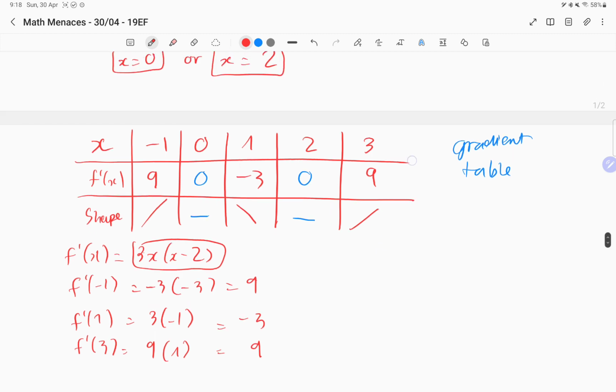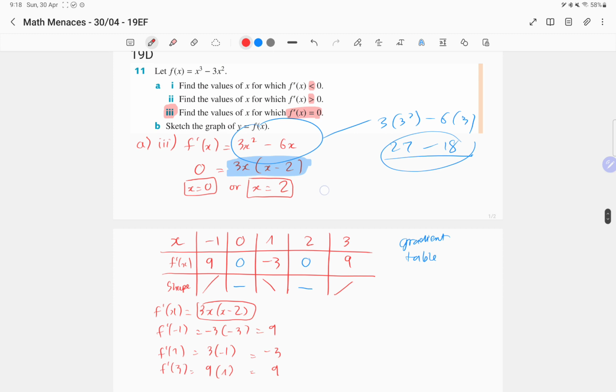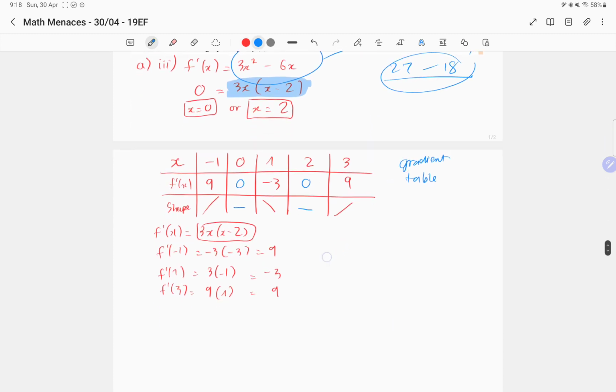So now let's answer question A3. Find the values of x for which f dash x equals 0. Therefore, f dash x equals 0 when x equals 0 or x equals 2. We didn't have to draw the table for this question, but it's just to see.